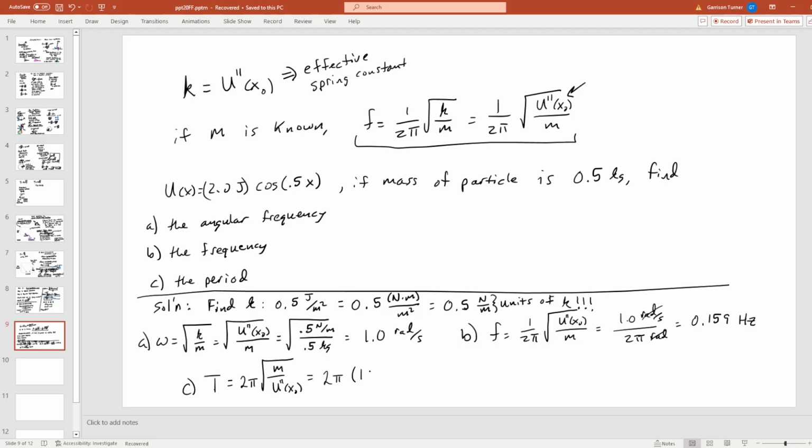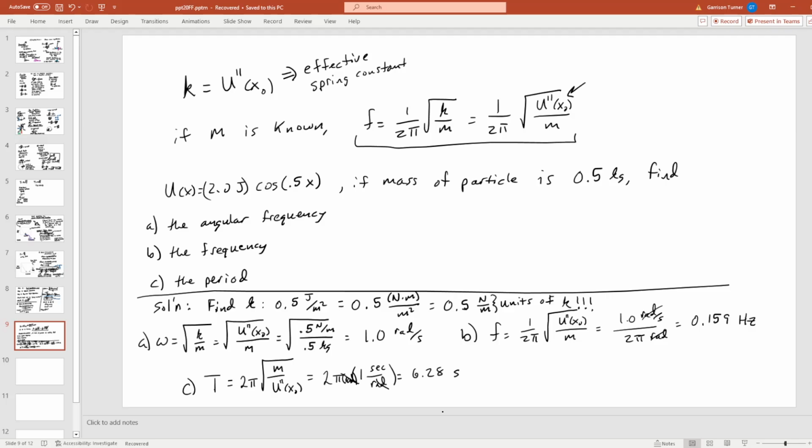And this is going to be seconds per radian. And the radian is going to cancel out with the radians from 2 pi. And so this is going to be 6.28 seconds. So this particular particle, if placed in this kind of well, it will take 6.28 seconds to complete one full oscillation cycle.